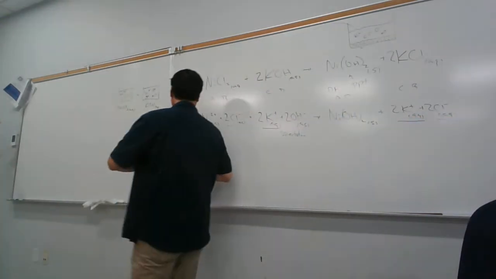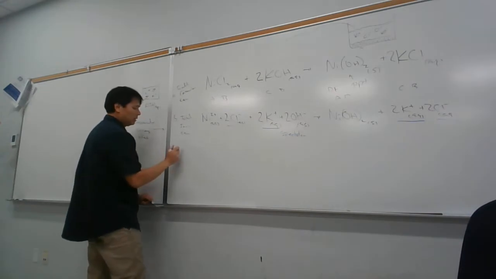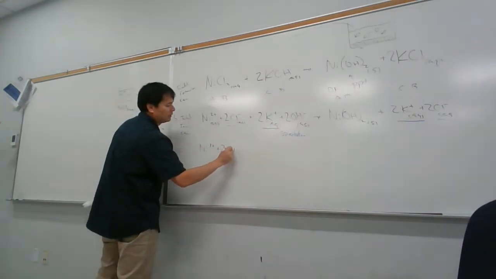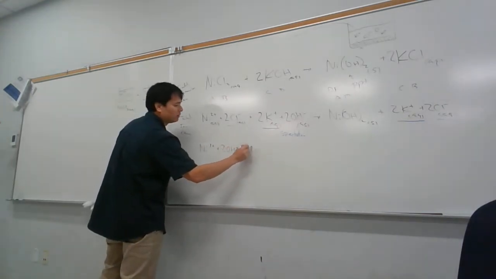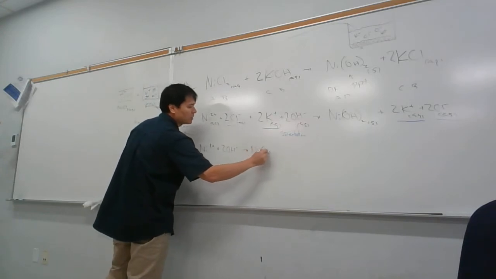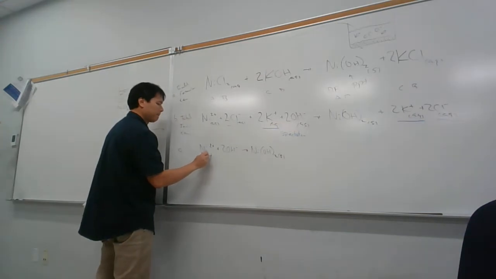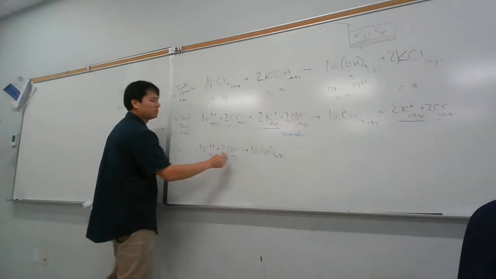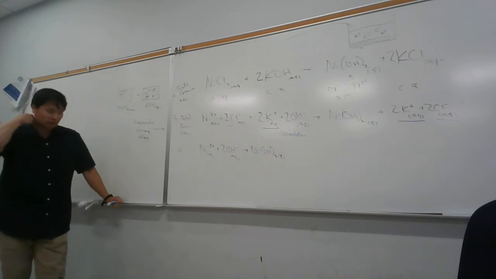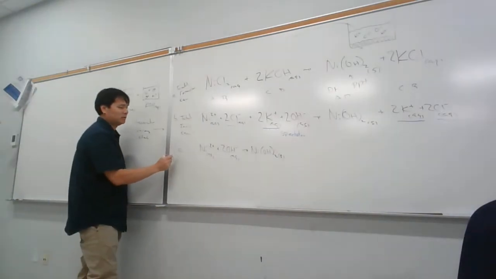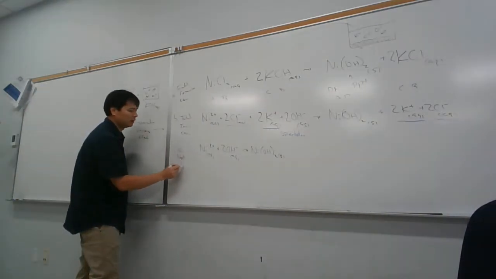And so when I mix these two beakers together, the nickels and the hydroxides react with one another to form nickel 2 hydroxide precipitate. And so these ions like each other enough to precipitate. This last one is called the net ionic equation.